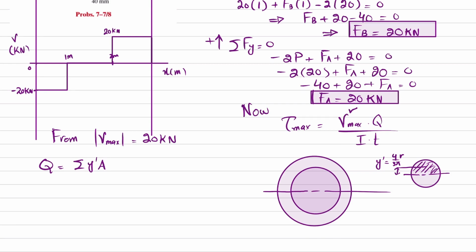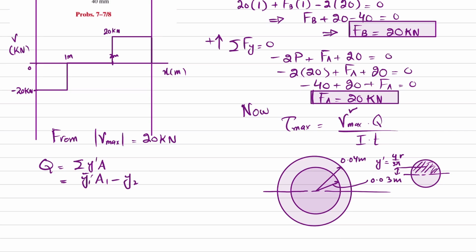So this having outer radius is 0.04 meter, and this inner radius is 0.03 meter. We know that Q is equal to y1 dash into A1 minus y2 dash into A2, because we subtract the smaller from the larger.